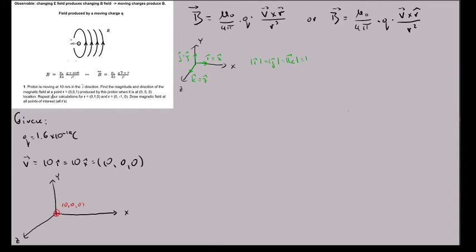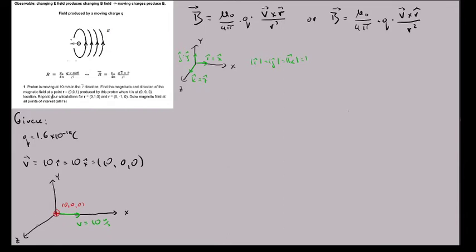And when this charge is at this location, and while it is moving in the positive x direction at the speed of 10 meters per second, the question is, what is the magnetic field at a point? The point I need is (0, 0, 1).